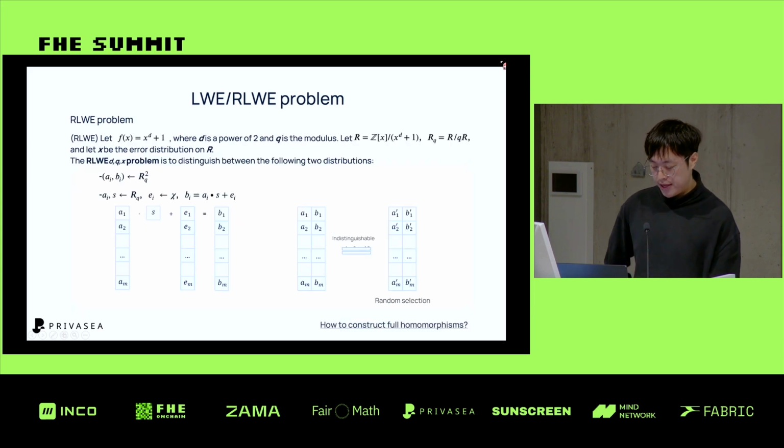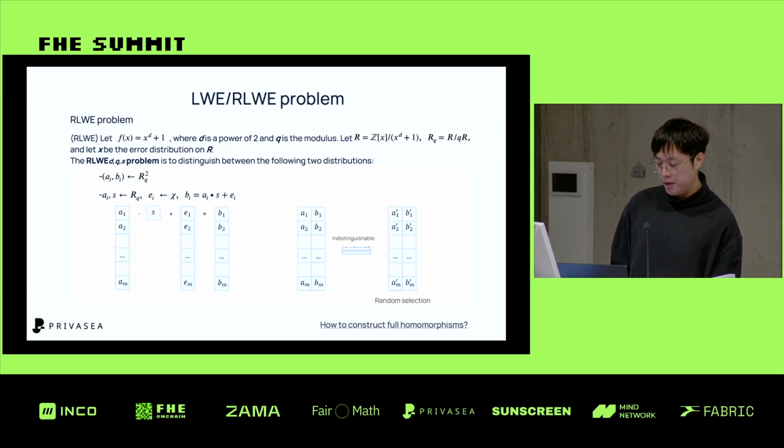The ring learning with errors problem is an extension of the LWE problem to polynomial rings. So it involves distinguishing between a set of ring equations with some small errors E and a set of random ring elements. You can see that LWE and RLWE ciphertexts naturally have additive homomorphism.